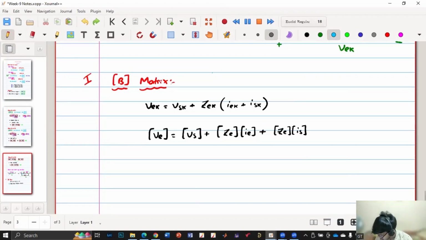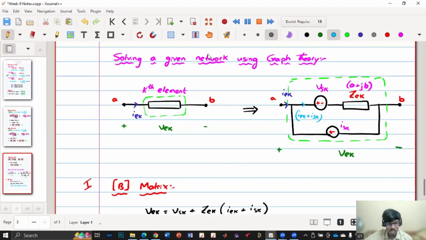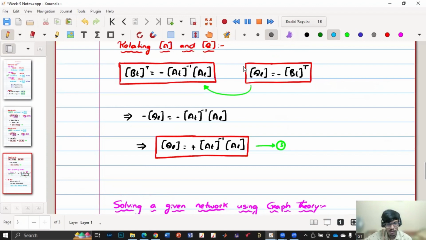Now I'll be writing B into V_E equals B into V_S plus B into Z_E into I_E plus B into Z_E into I_S. So let us quickly go back to our first page.